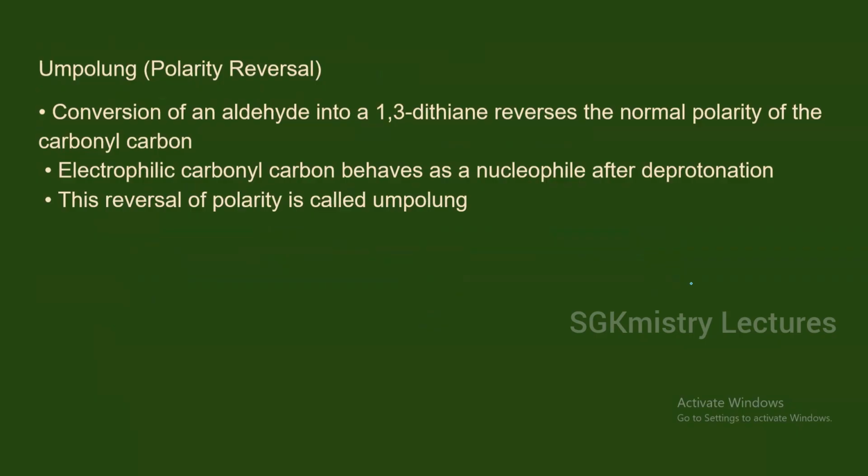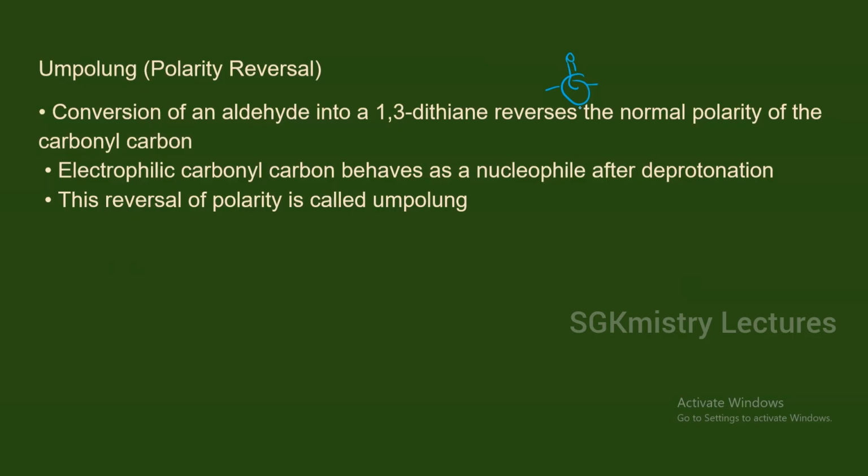Now, in this sequence of reactions, the normal mode of reaction is reversed. Normally, the electrophilic carbon, by conversion to the 1,3-dithiane, is made to behave like a nucleophile. Usually in C=O, this particular carbon is electrophilic in nature. But now, because of treating with 1,3-dithiane, this carbon is converted from electrophilic to nucleophilic carbon.